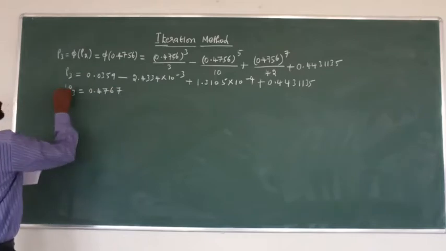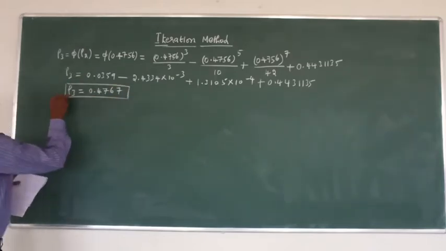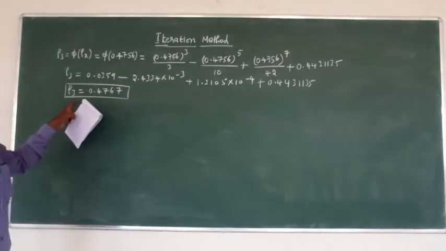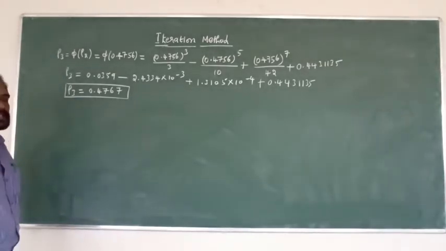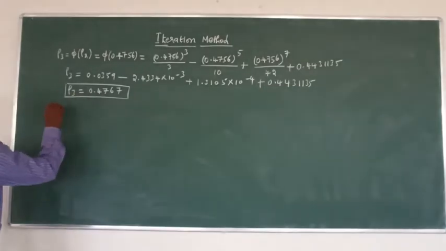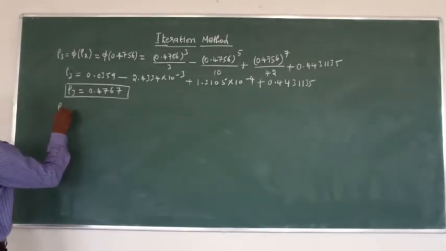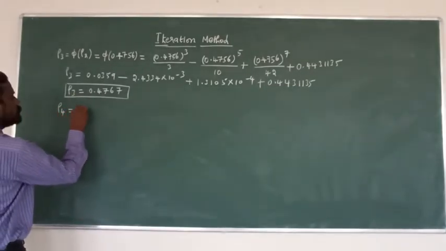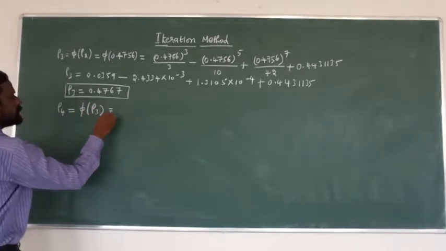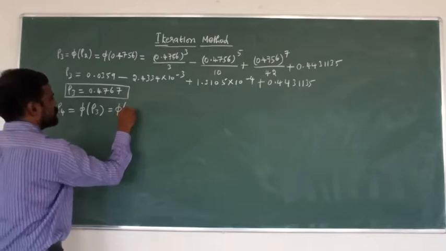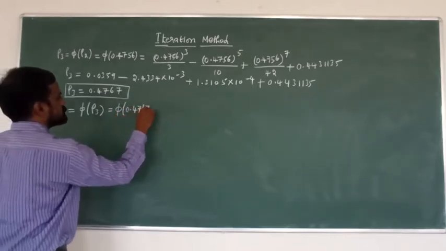3, 0.4767. Now to compare rho 2 value with rho 3, both results are not same. So we have to do for another iteration. Rho 4 equal to f of rho 3. Rho 3 value 0.4767.